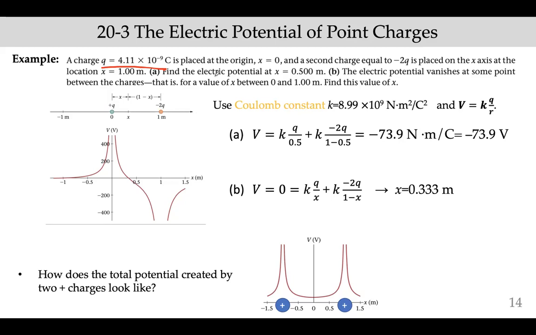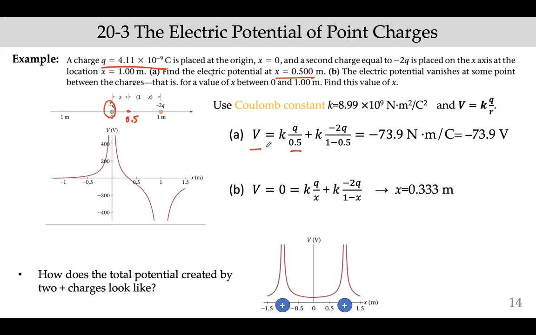How do you find electric potential, or potential? They're the same thing. How do you find potential at this point? This point is 0.5 as given in the problem. This charge will create potential at this point. How do you find it? Well, K Q divided by the distance, 0.5.